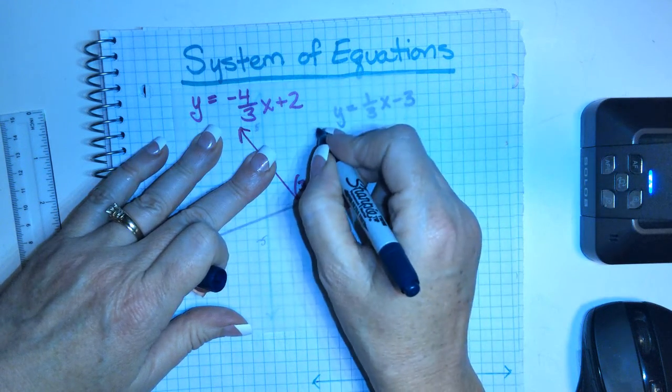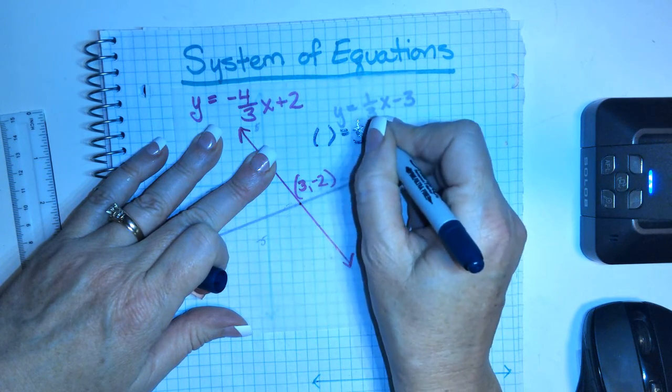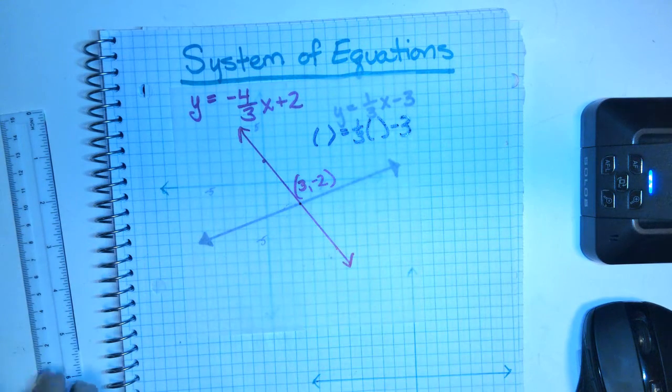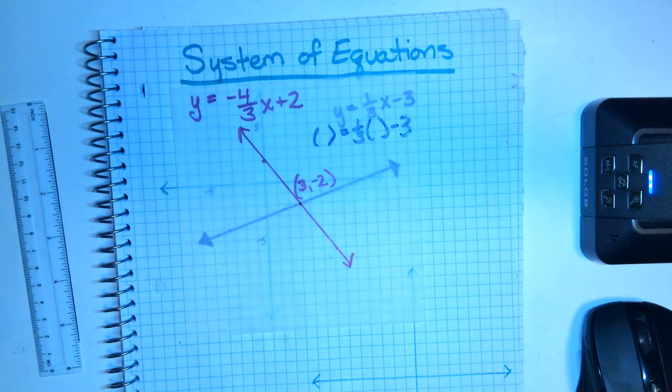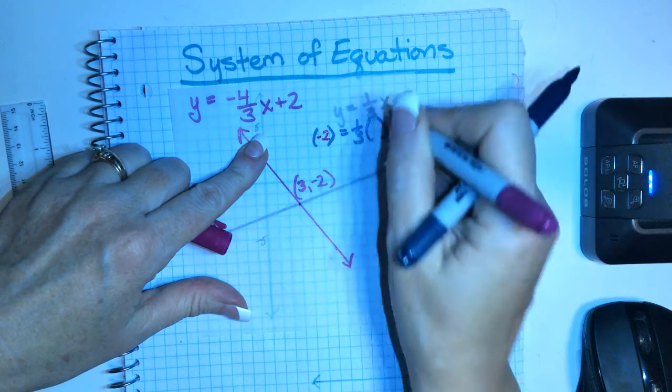So I'm going to have my y value, and that's going to equal 1/3 of x minus 3. In this case, the y value is negative 2, and the x value is 3.